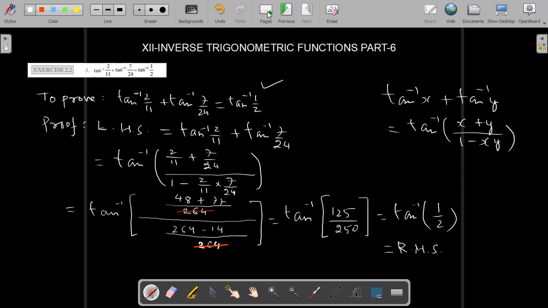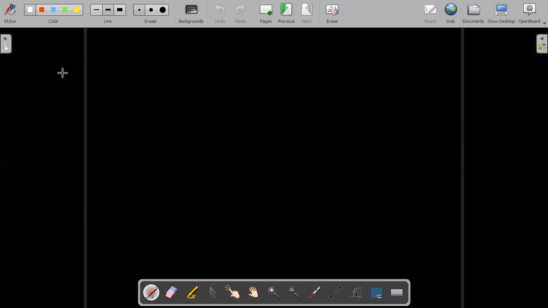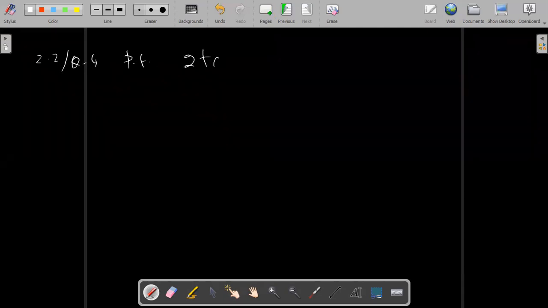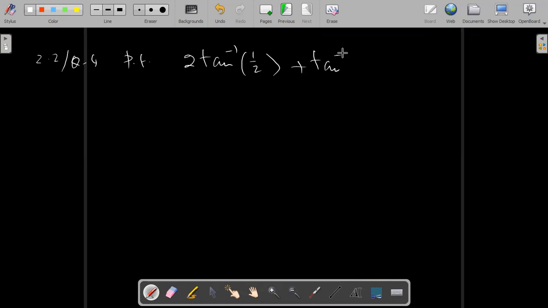Next question, question number 4, same exercise 2.2. Prove that 2 tan inverse 1 by 2 plus tan inverse 1 by 7 is equal to tan inverse 31 by 17.